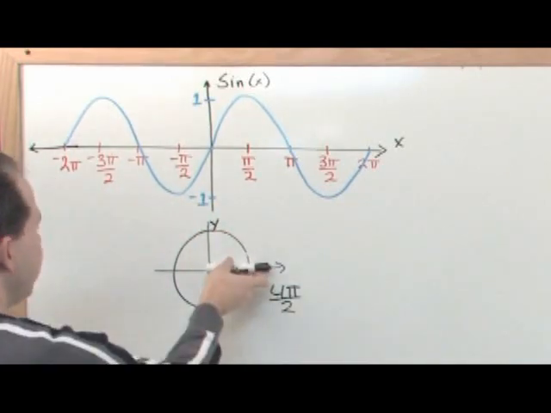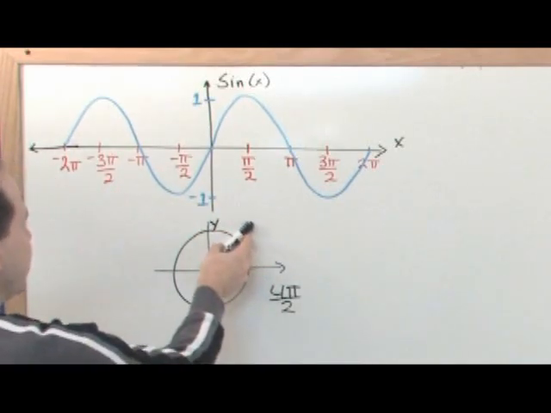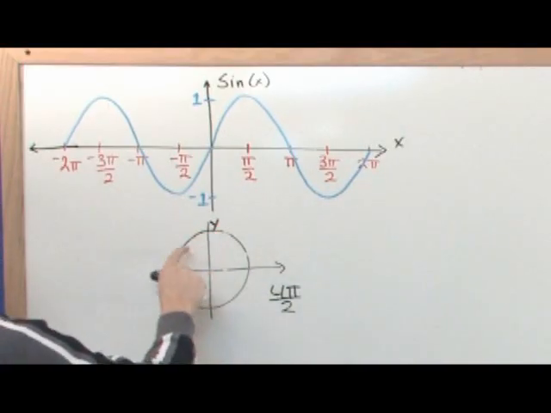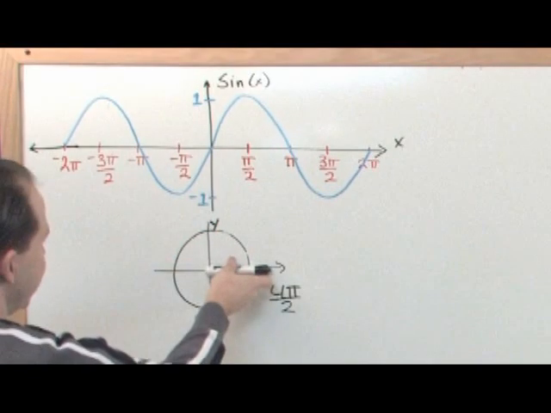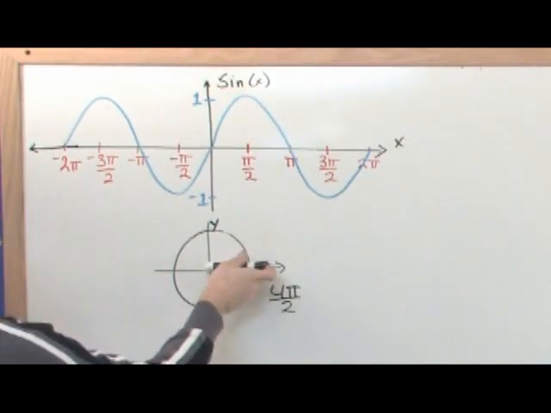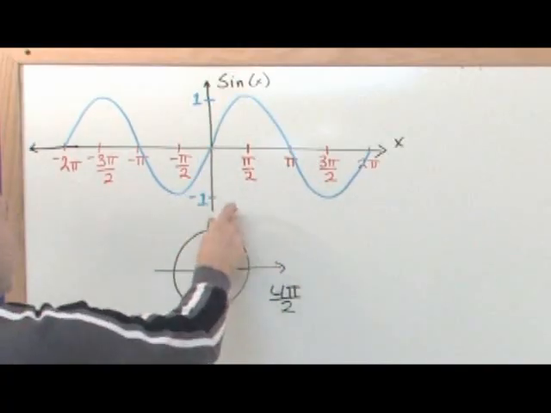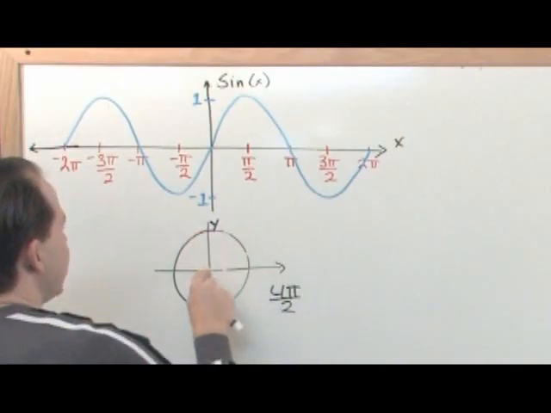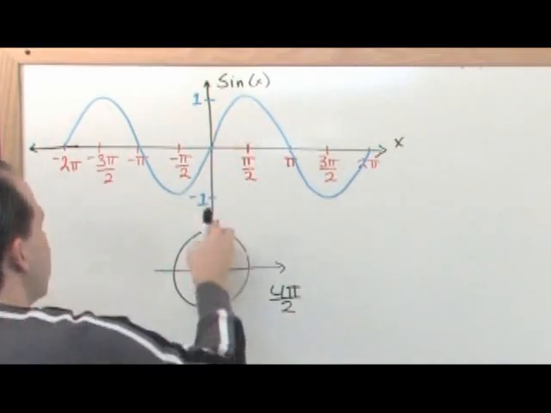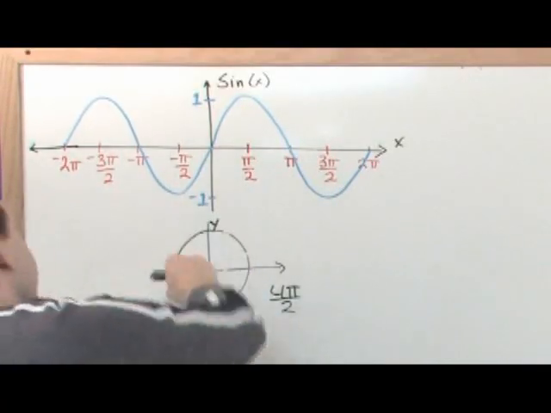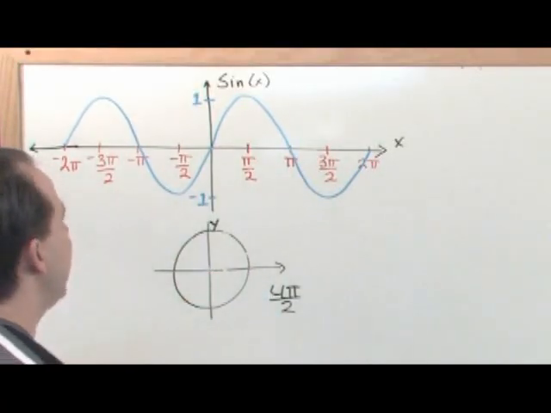So when you're at 0 radians, the sine is 0 because there's no projection on the y-axis. As you make your way over to pi over 2 radians, the projection all lies along the y-axis, so it's equal to 1. And as you go around the circle, the projection along the y-axis changes, making this shape.